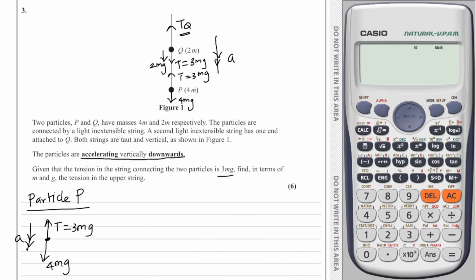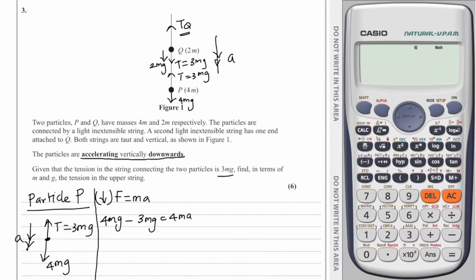So we can write F equals ma, taking downward as positive because the object is moving downwards. Then 4mg is a positive force, and minus 3mg is a negative force because of the upward direction. The mass of particle P is 4m, so it is 4m times A.